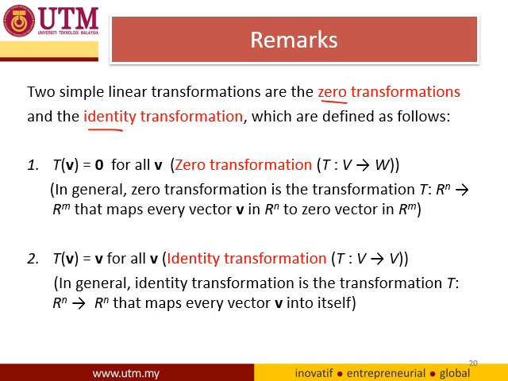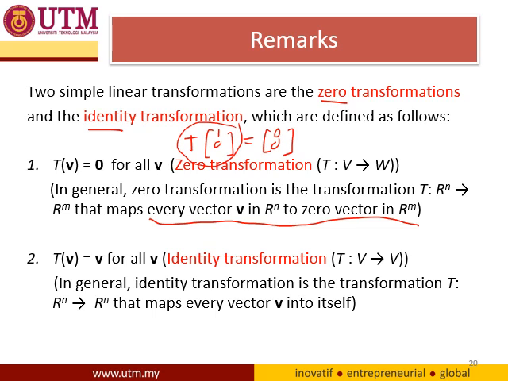In general, the zero transformation is the transformation Rn to Rm that maps every vector v in Rn to the 0 vector in Rm. For example, let's say the transformation of whatever number you put here, 1, 0, after you transform, all of it will be 0. Doesn't matter what number here, it becomes 0.